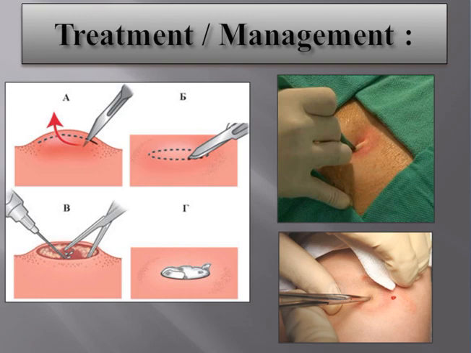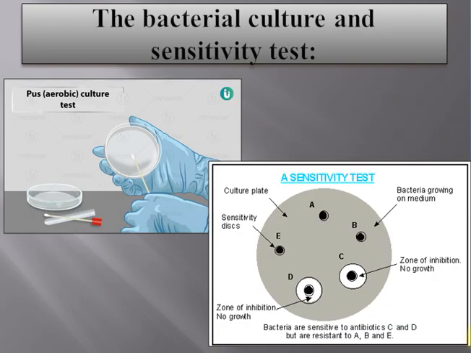If MRSA is suspected or cultured, oral antibiotics such as clindamycin, tetracyclines, linezolid, or glycopeptides may be used. Oral antibiotics can be further adjusted once bacterial culture sensitivities are known. Topical antibiotics such as clindamycin or mupirocin may be used as adjunctive therapy.